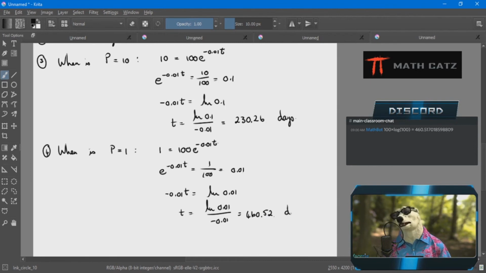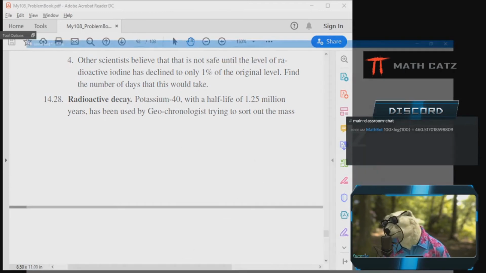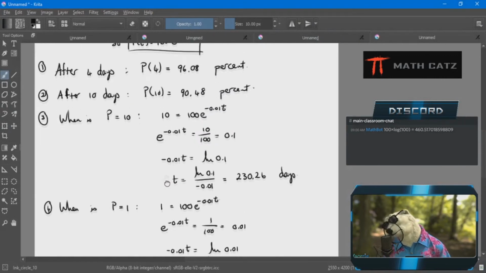So it'll take 460 days, so a year and a third-ish, to get the hay and therefore the milk down to a safe level, depending on what they consider to be safe.